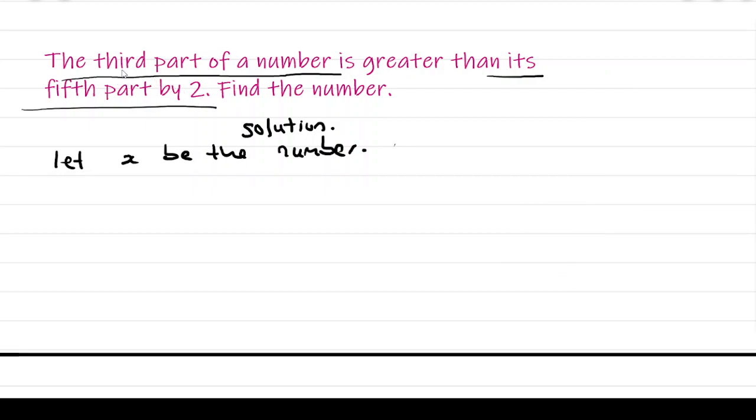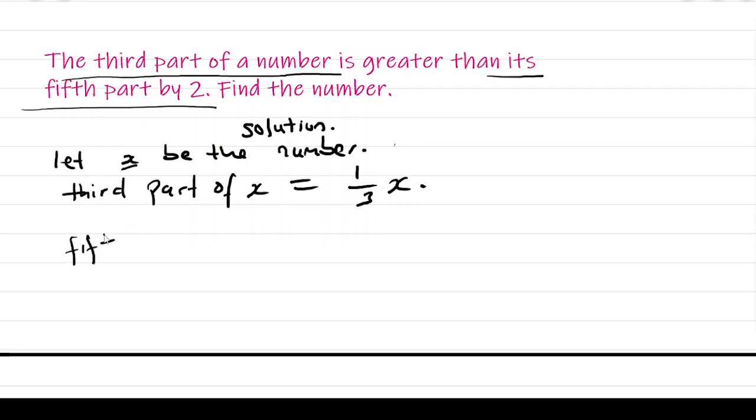Now, the third part of a number. So this x now, we need the third part. So the third part of x is 1 over 3 times x. Okay, so it's greater than its fifth part. So the fifth part of x is 1 over 5 times x.